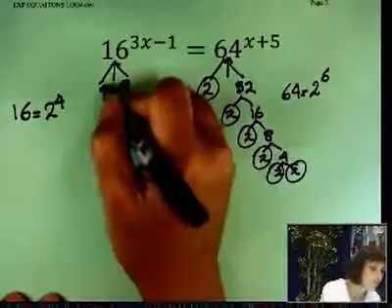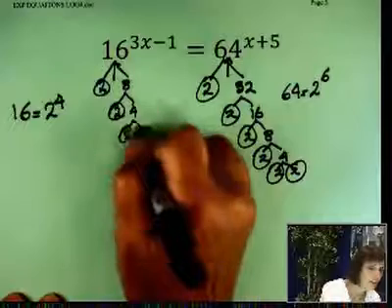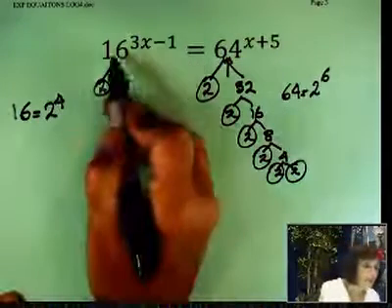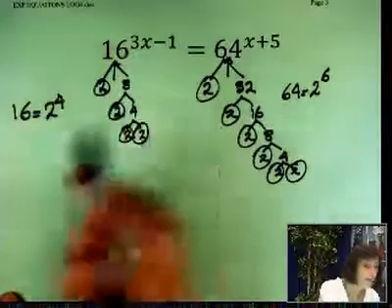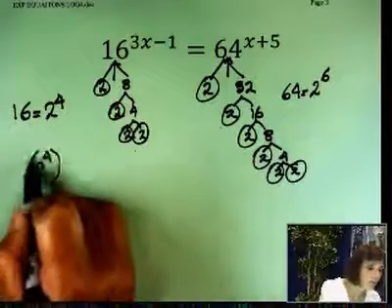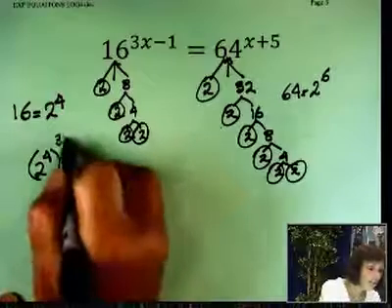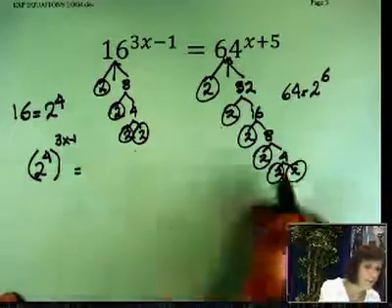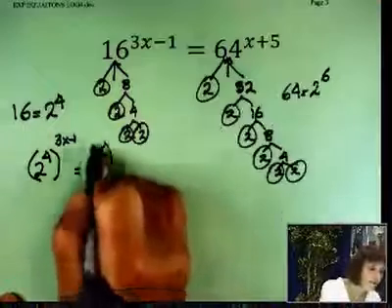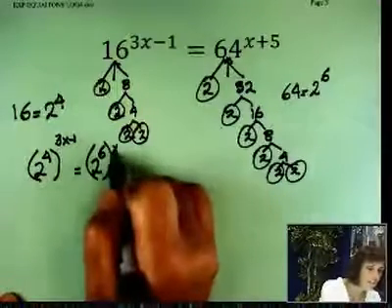And this one was 2 to the fourth. Now that we found a common base, instead of 16, I'm going to put 2 to the fourth to the 3x minus 1. And here I'm going to put 2 to the sixth to the x plus 5.